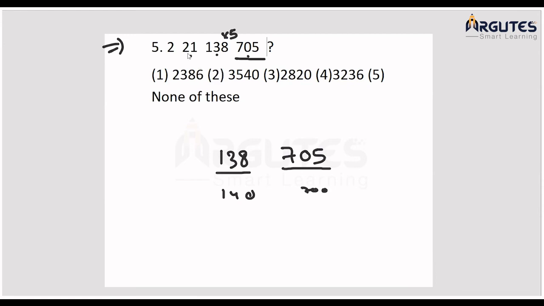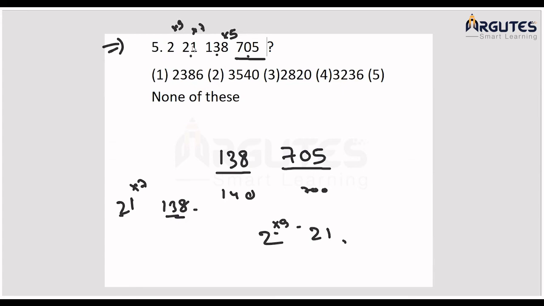Now 21 and 138. If you consider it 20 and 140, you will be tempted to write "into 7" over here. Then 2 and 21, you will be tempted to write "into 9" over here, like this, into 7, into 9.